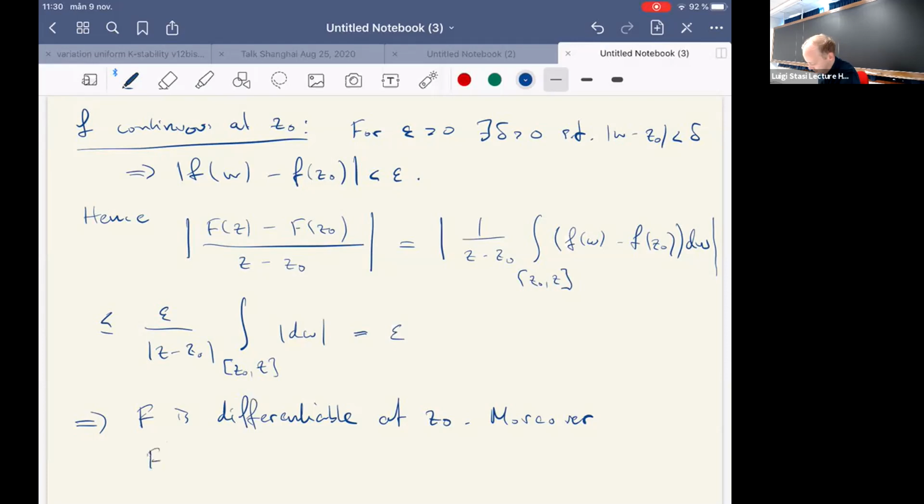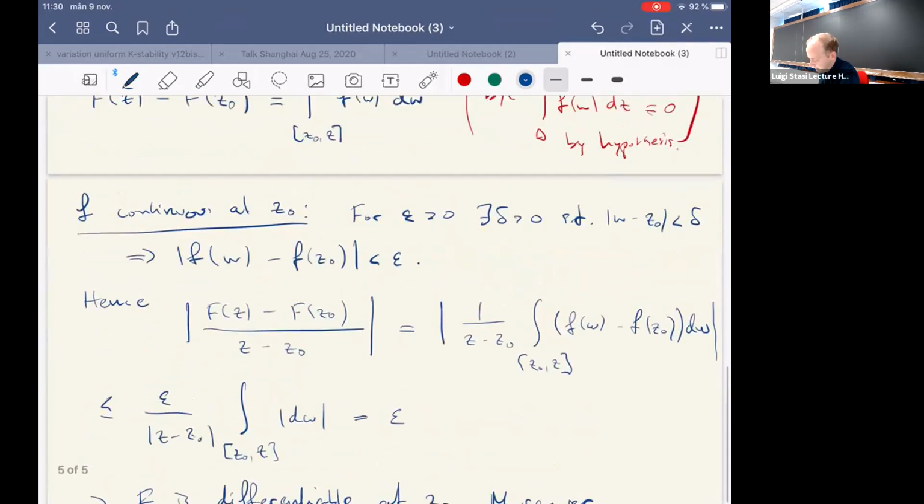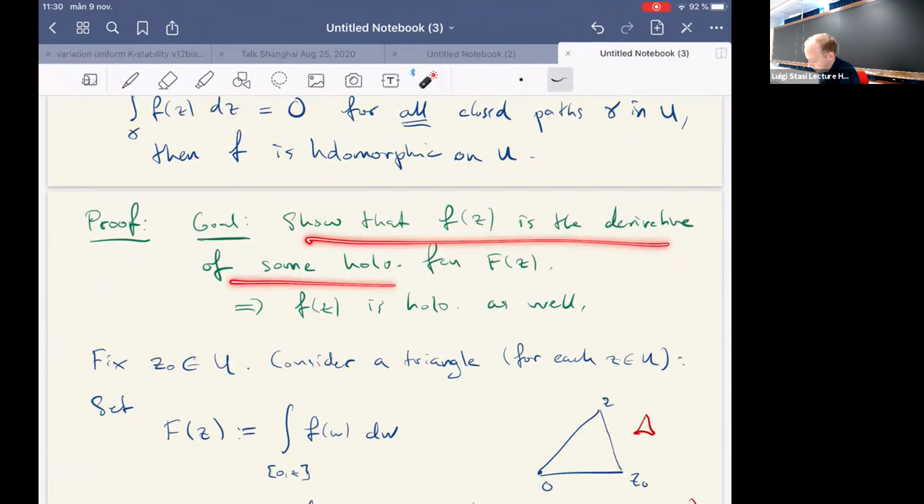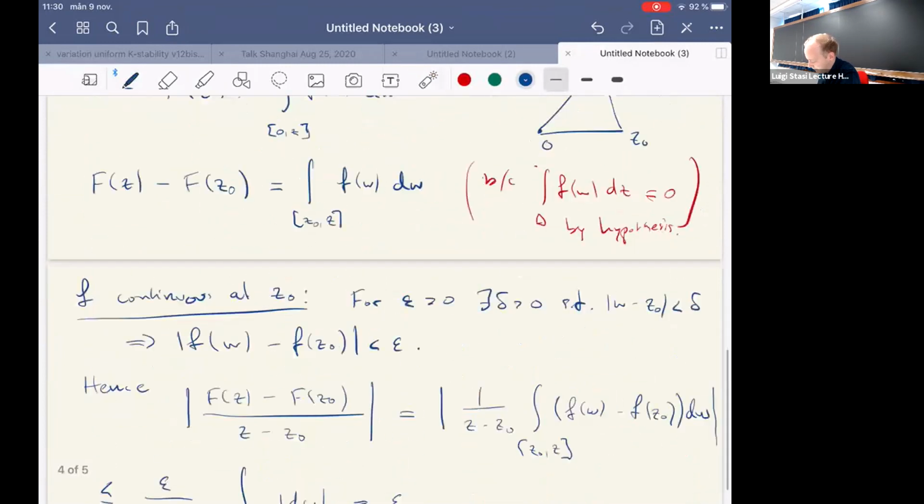And what did we know? By construction, we should have this, and this implies, by the remark that I had up here, that if we can show that F is the derivative of some holomorphic function, then this derivative has to be holomorphic as well.